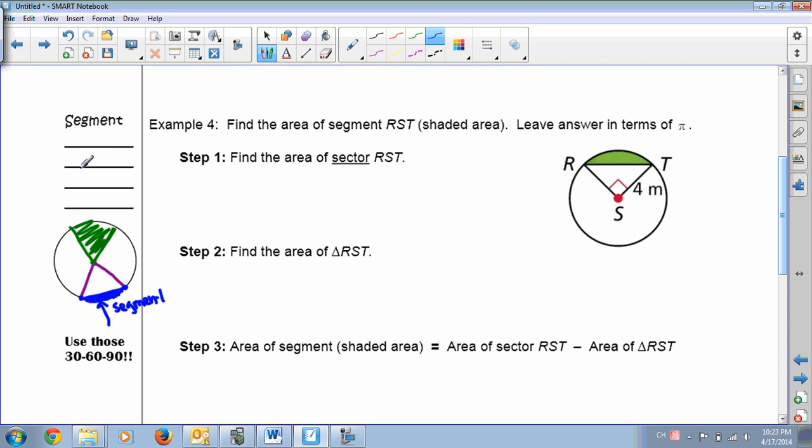Okay, so a segment is a region inside a circle bounded by a chord and an arc.